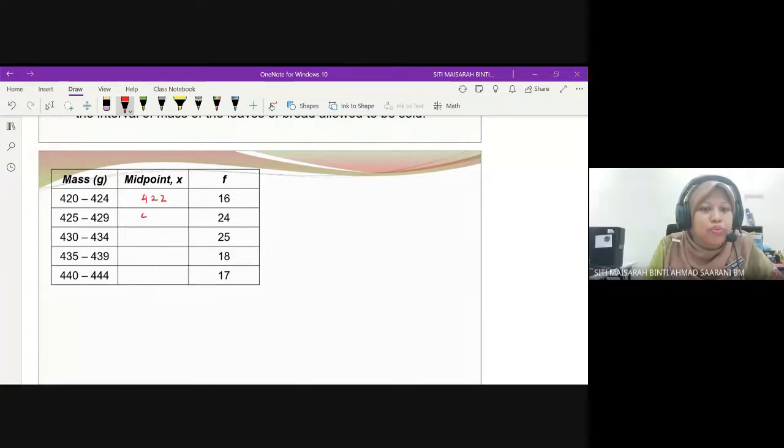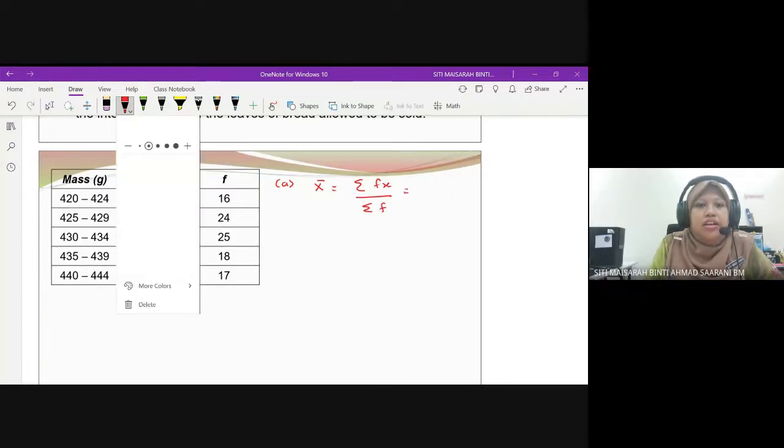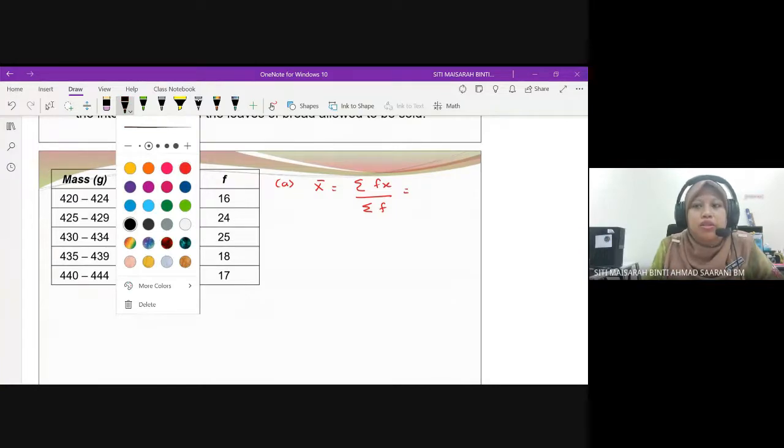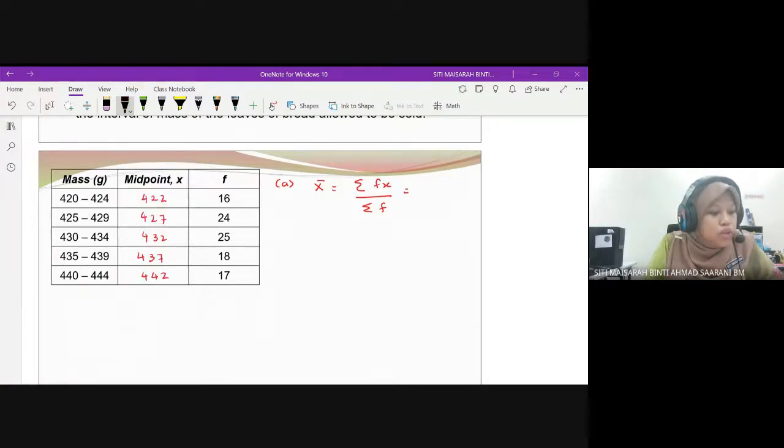Okay, so this one 427, 432, 437, and the last one is 442. Okay, so then first A, find mean X bar is sum Fx over sum F. Okay, masuk dalam calculator, masuk X, masuk F. So what is your sum Fx?